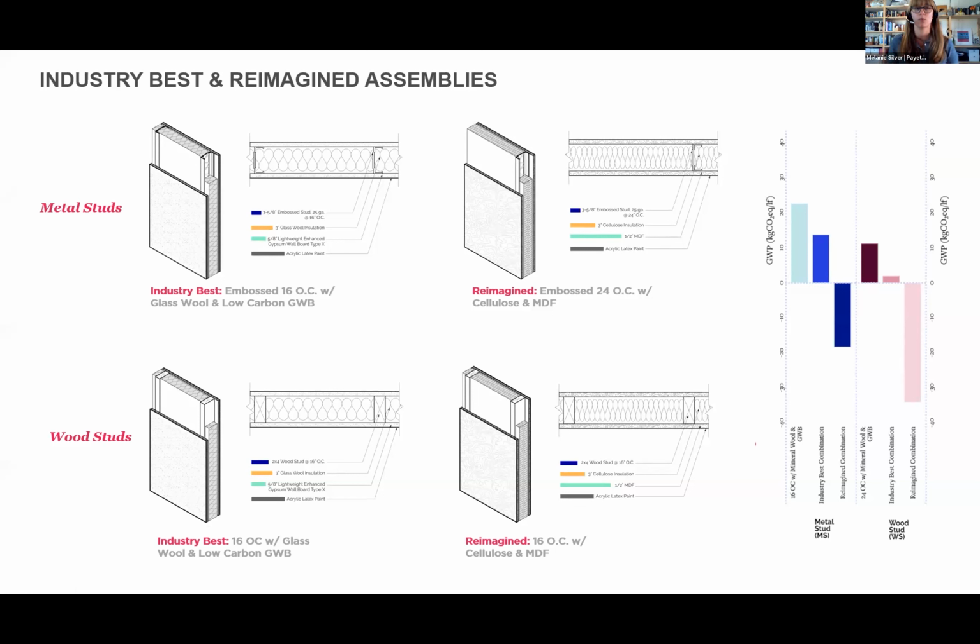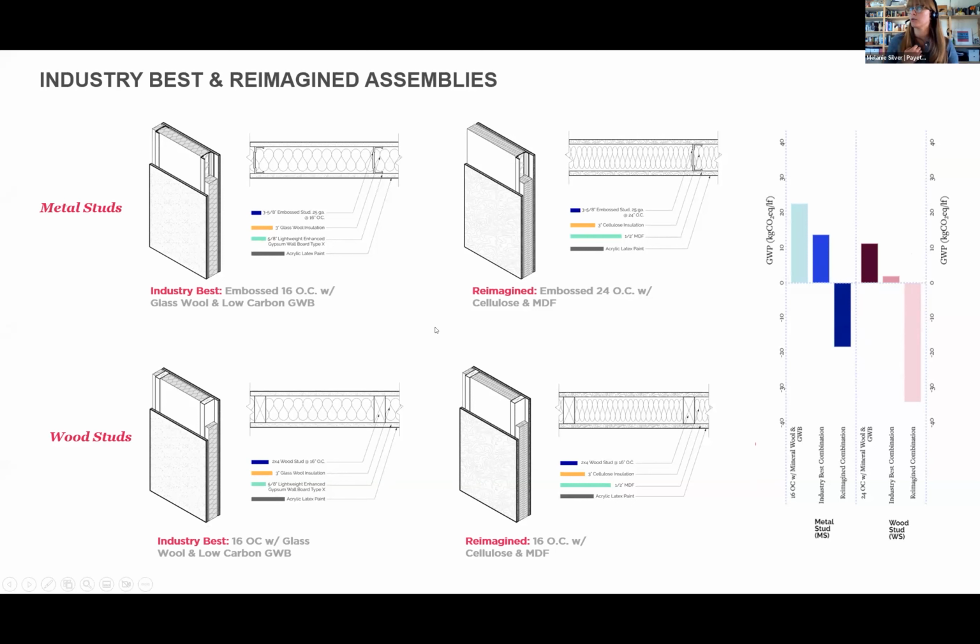And instead of gypsum board, can you use MDF? Because we found that gypsum board has a pretty high embodied carbon, and once you switch to wood-based products to get that biogenic benefit, you can really reduce your embodied carbon. Same with wood: use the lightweight gypsum board, and you can also still use the MDF.